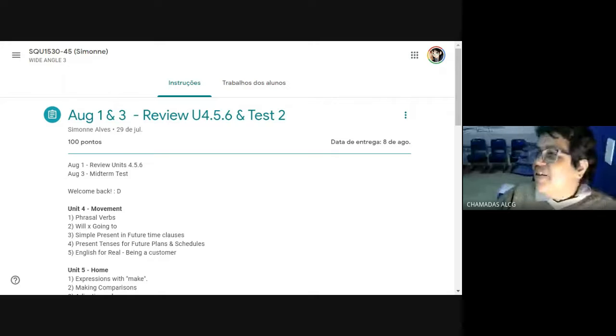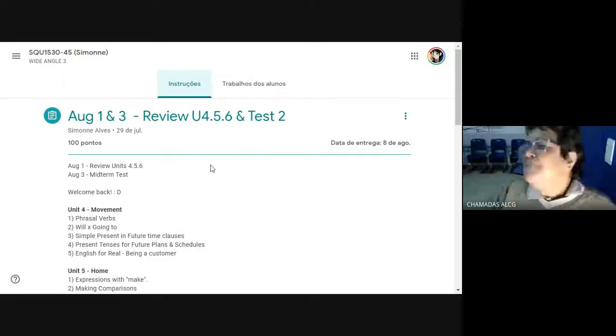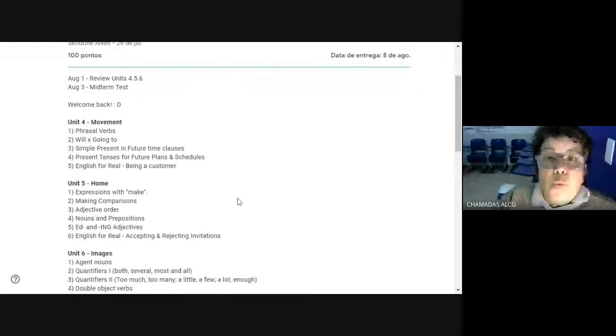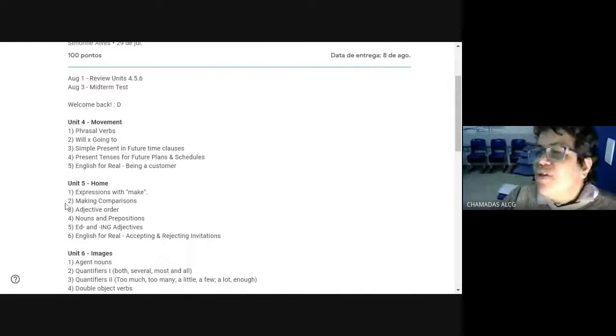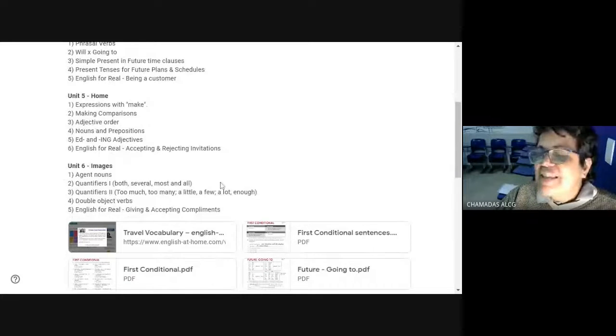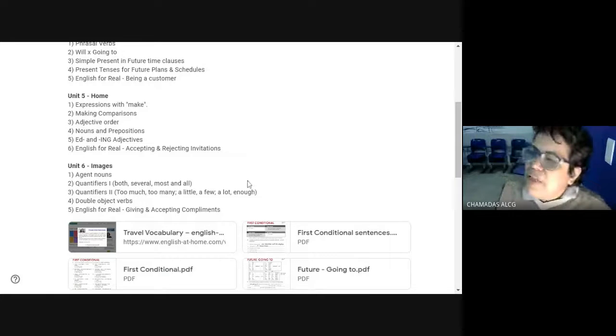Here we have our page on Google Classroom, and it has the content that we need to review for the test. Unit 4 talked about movement, Unit 5, home, and Unit 6, images. So we are going to see the most important parts of this content.